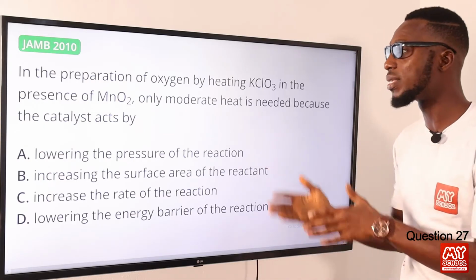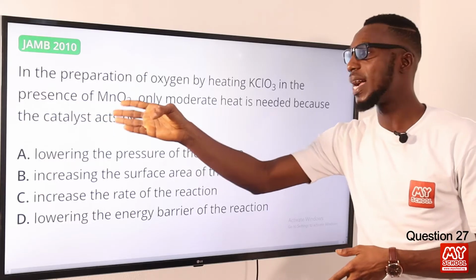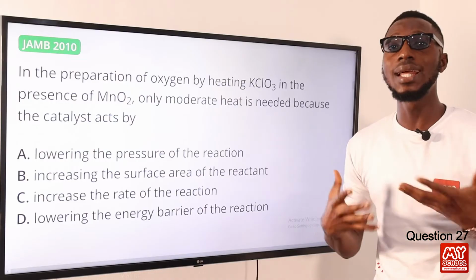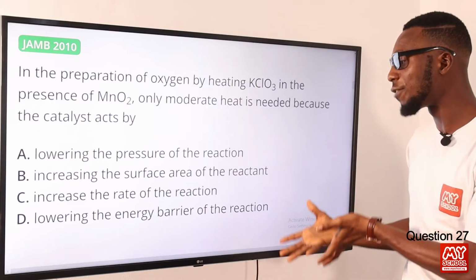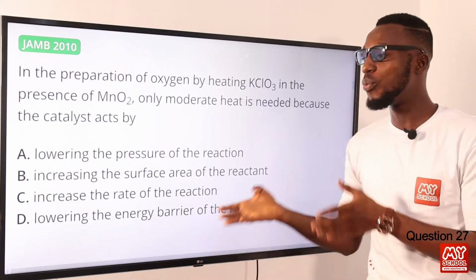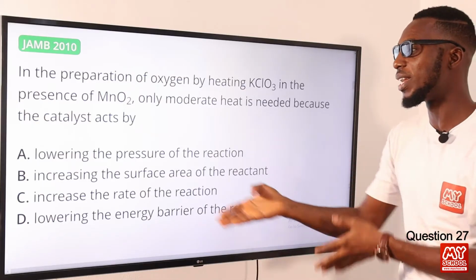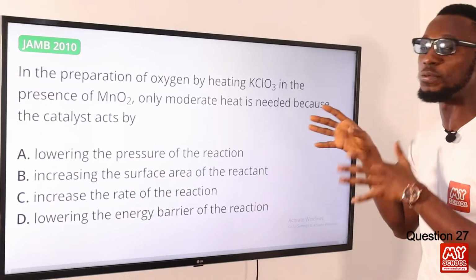Or you can also say that in the presence of this catalyst, manganese(IV) oxide, more particles will gain kinetic energy that is more than the activation energy, which leads to effective collision between these particles, and in turn the increase in the rate of reaction.